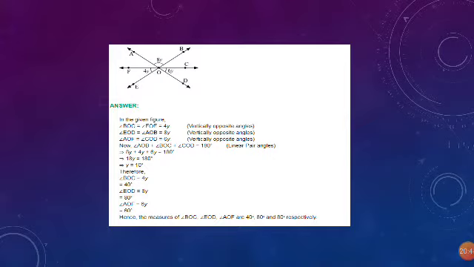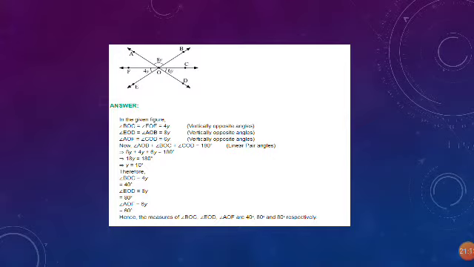8y plus 4y plus 6y equals 180 degrees. Adding, 18y equals 180 degrees. So y equals 180 divided by 18, which is 10 degrees. Angle BOC equals 4y, 4 times 10 is 40 degrees.